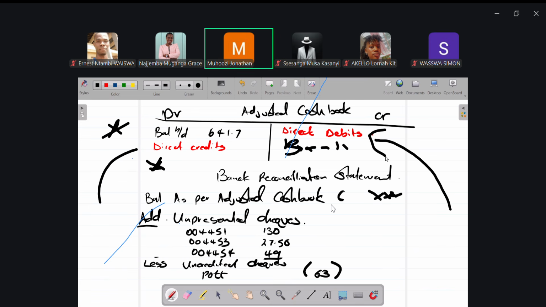After you've ticked the items on both the bank statement and the cash book, the unticked items include a direct debit and a direct credit.